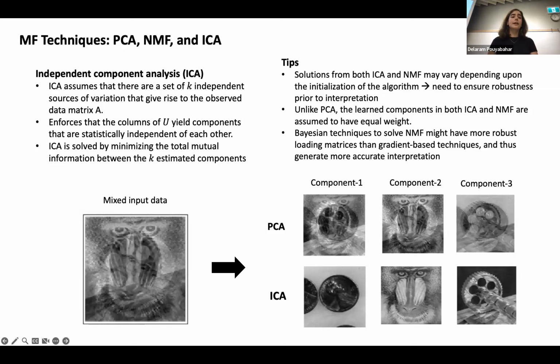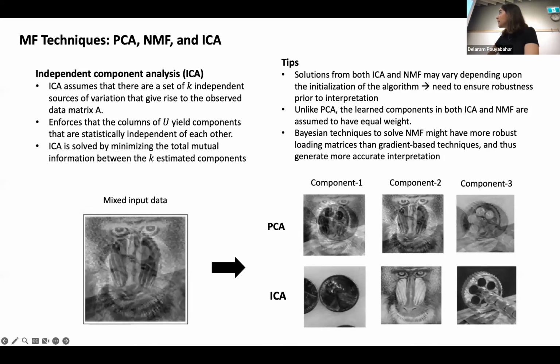PCA has an exact, unique solution, and is solved analytically, while these methods are solved using stochastic gradient-based numerical approaches. So that's why you don't have to worry about this with PCA.